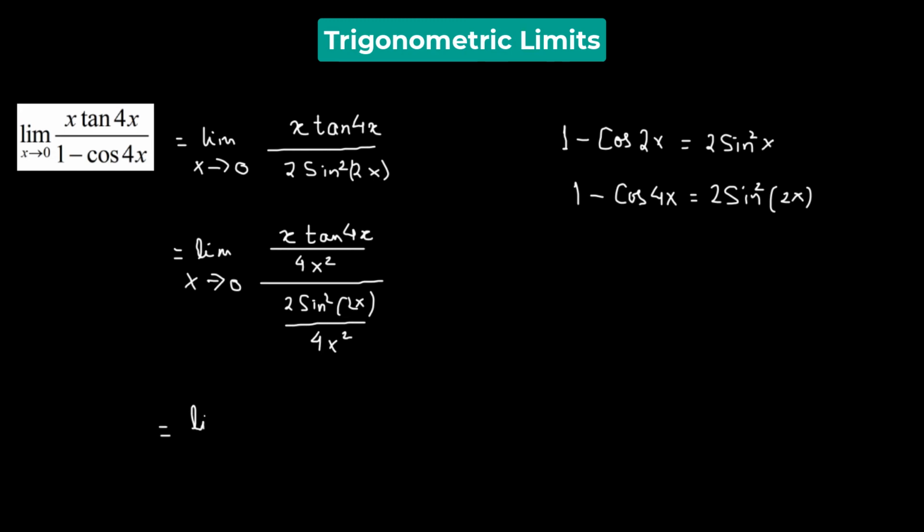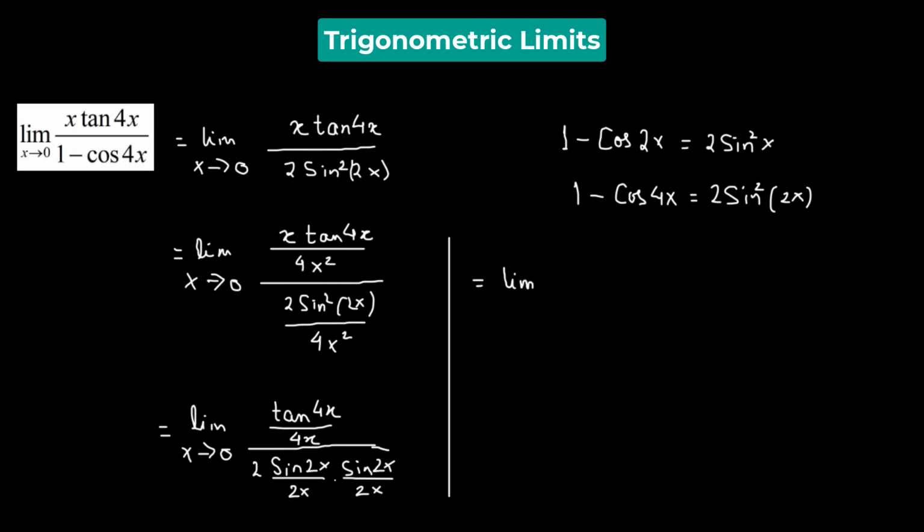which will give us limit x tending to 0. So x over 4x squared is going to give us tangent of 4x divided by 4x, whole divided by 2 times sine 2x divided by 2x times sine 2x divided by 2x.